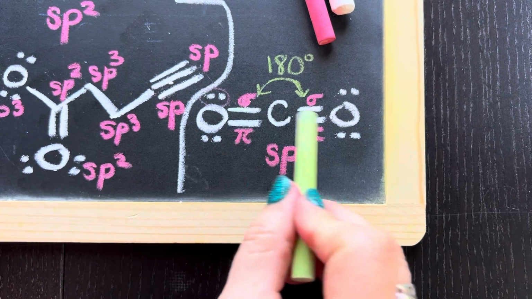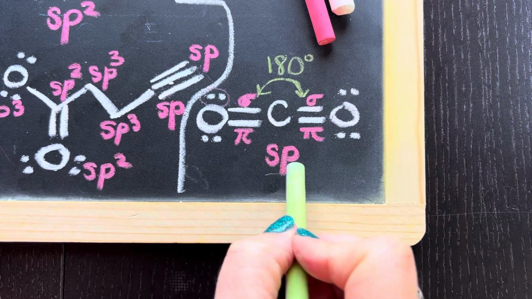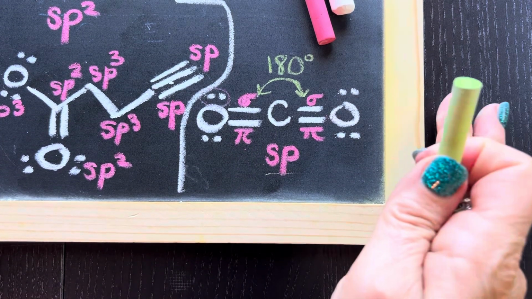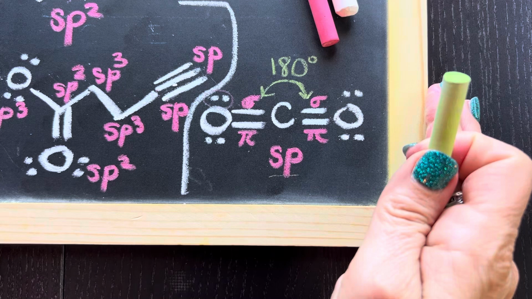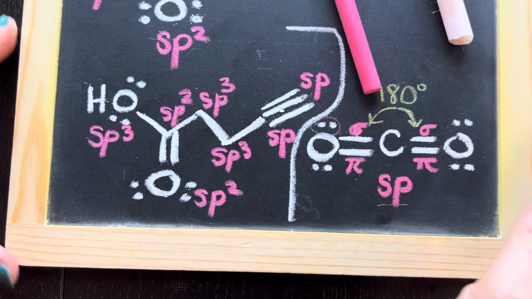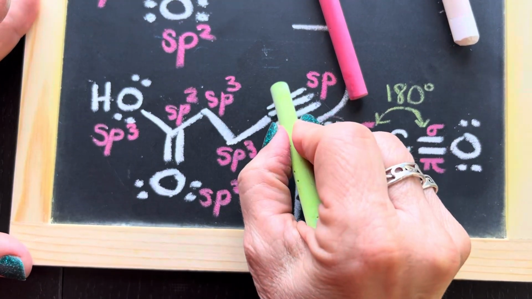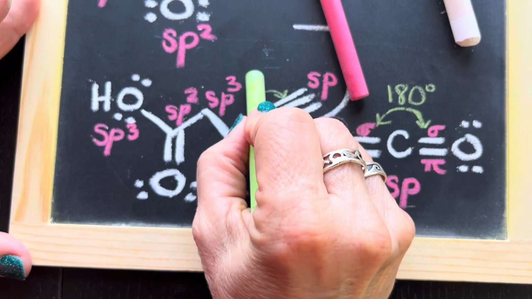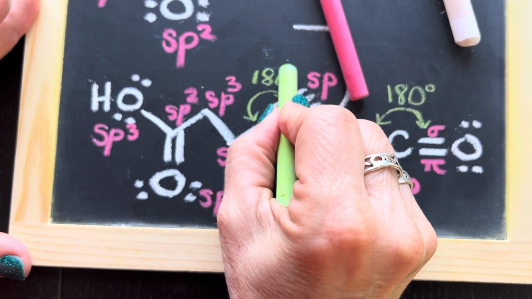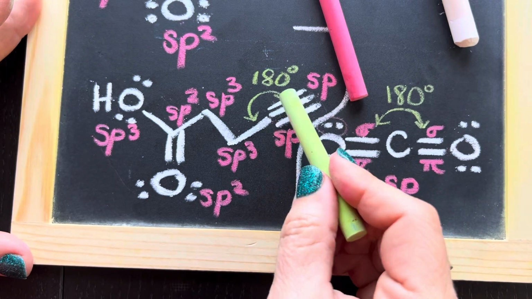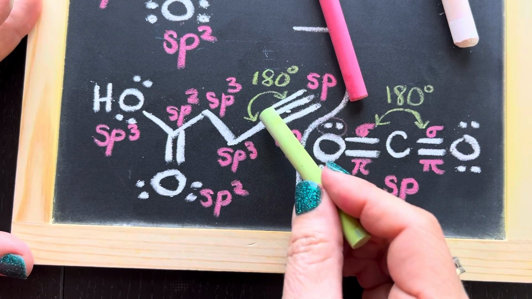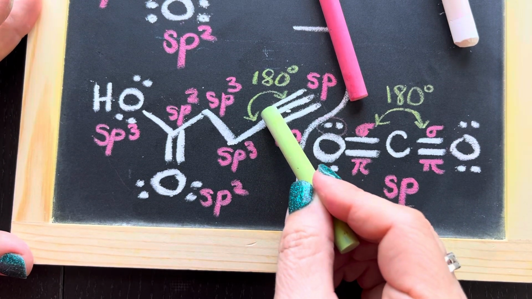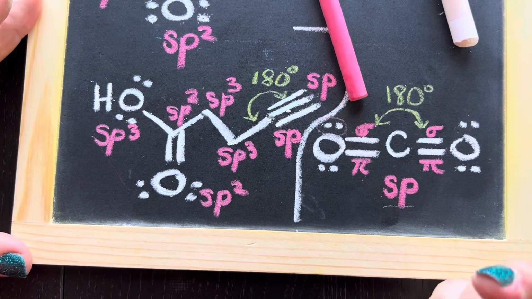That is consistent with sp hybrid orbitals. They're 180 degrees from each other. So that's also true here. 180 degrees around this sp hybridized carbon right there.